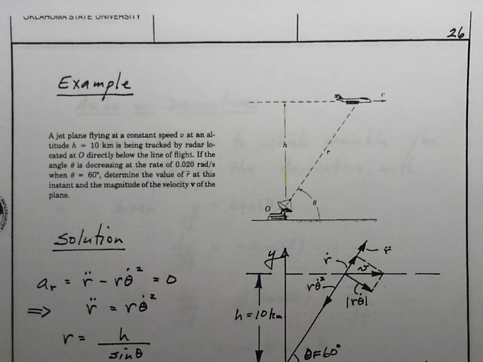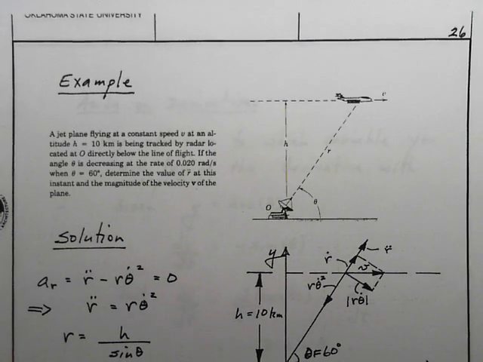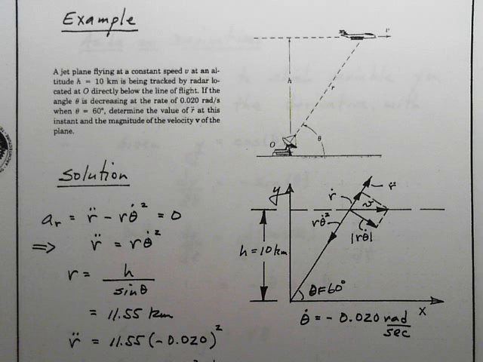Okay, in this video we will be looking at the airplane example with the radar tracking device that we talked about in class. And in class we talked about really the hardest part of the problem, and that is saying when we look at acceleration pieces on this thing, we have a radial direction, we have a theta direction.